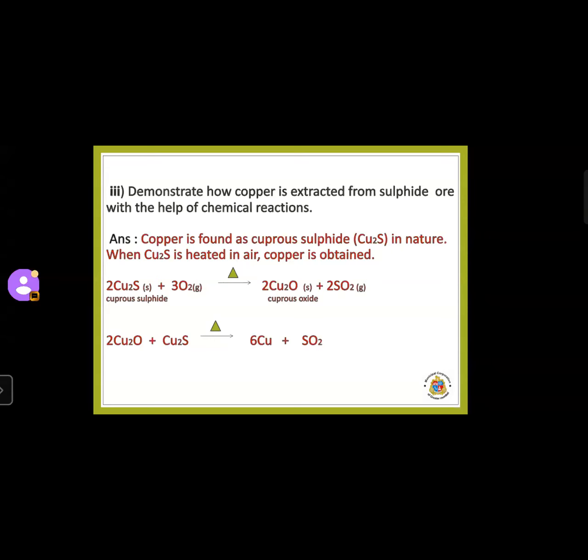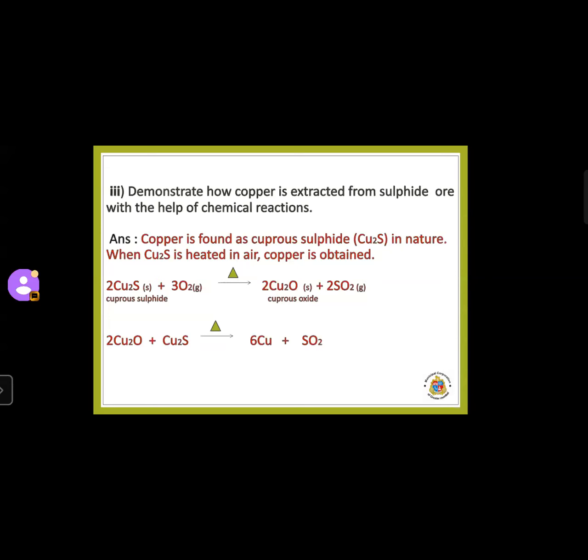When Cu2S, cuprous sulphide, is heated in air, copper is obtained. The reaction is 2Cu2S in solid form plus 3O2, oxygen, when cuprous sulphide is heated.